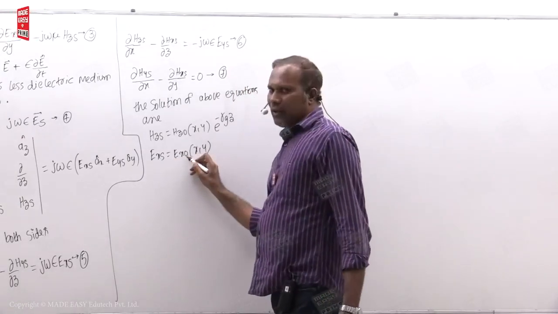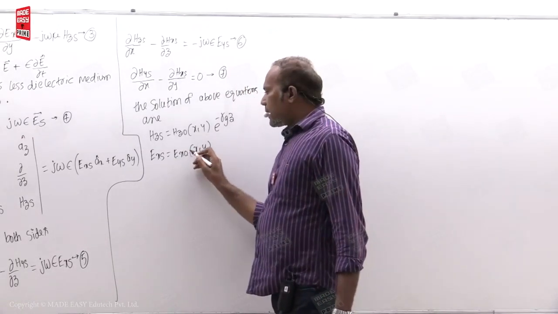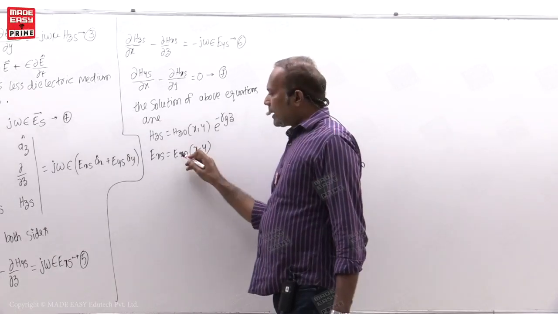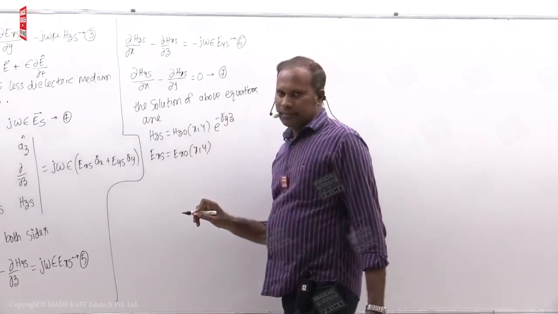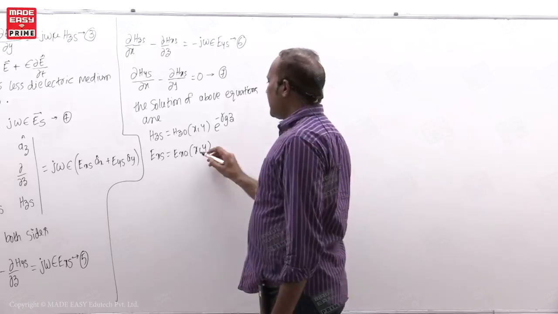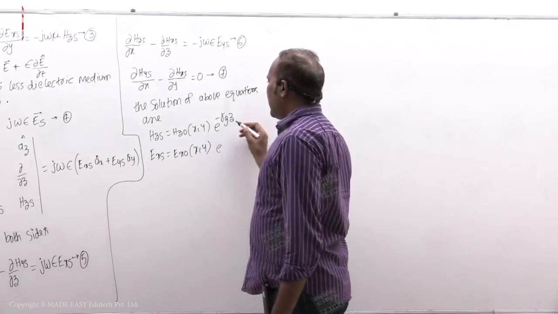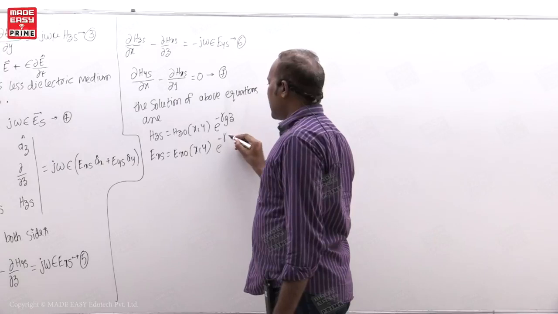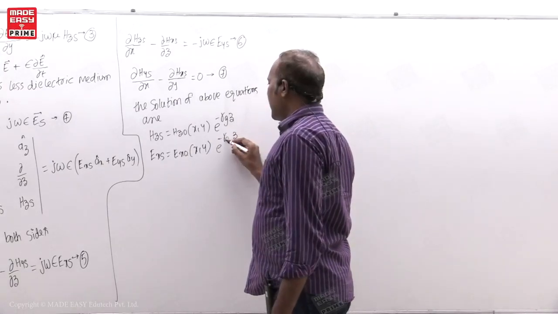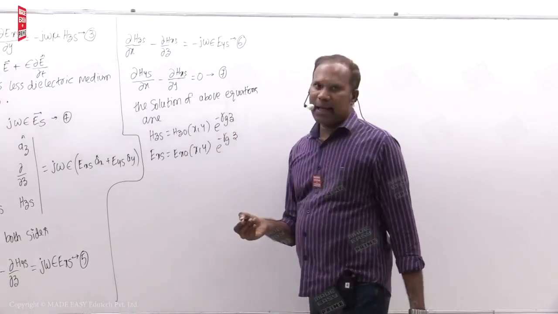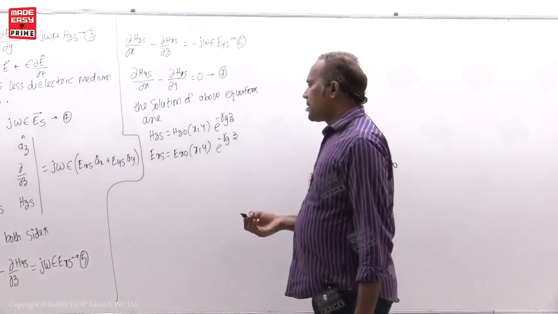E naught means initial value, so Ex naught means the initial electric field of x component. For a wave traveling in z direction, e power minus gamma z should come, but in a waveguide gamma is renamed as gamma g, the guide propagation constant.